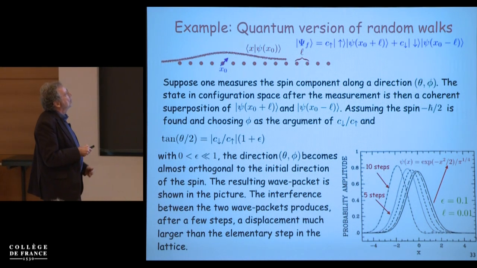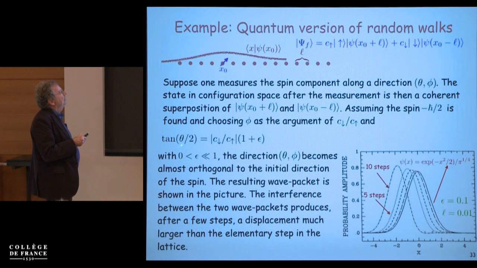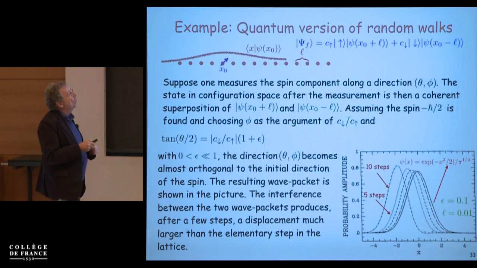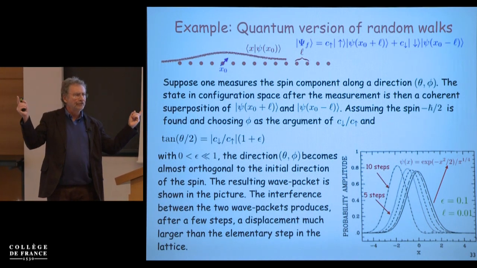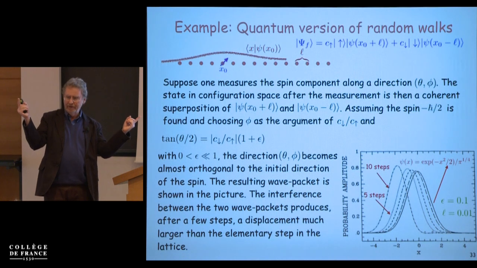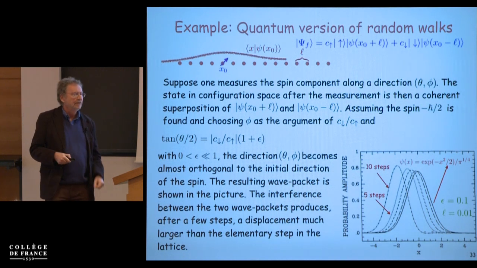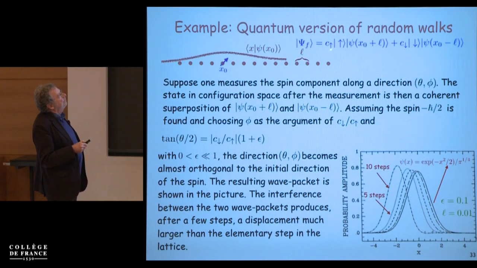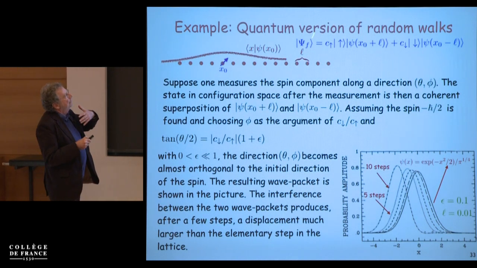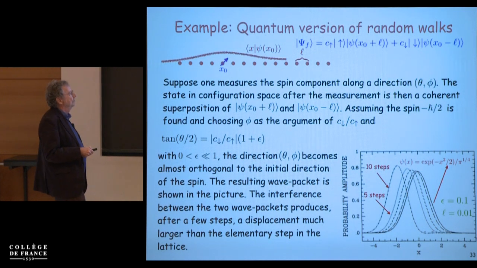Then one can show that if we choose theta in this way, with epsilon much smaller than 1, this direction theta phi is almost orthogonal to the initial direction of the spins. Okay, so these are the conditions for doing this almost orthogonality between the final state and the initial state. So you see the spin here is the system, and the state in configuration space is the state of the pointer.